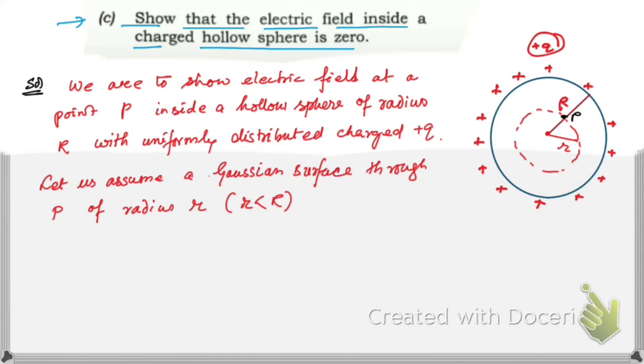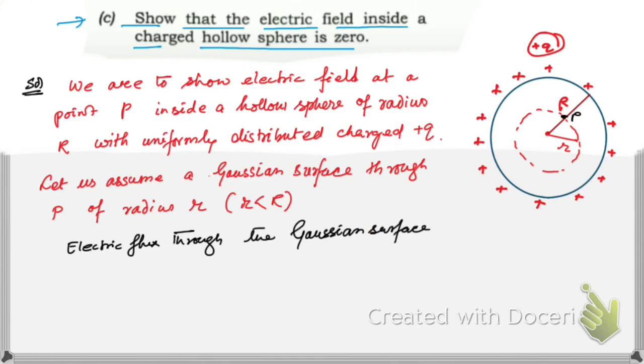So electric flux through the Gaussian surface is phi is equal to electric field E times 4 pi r square, that is the area of the Gaussian surface.